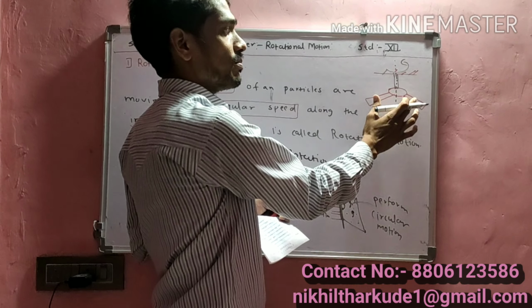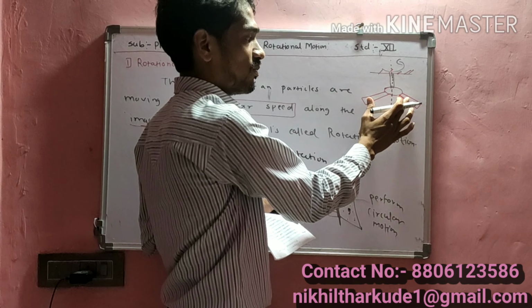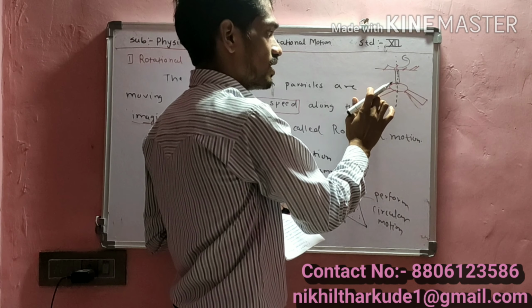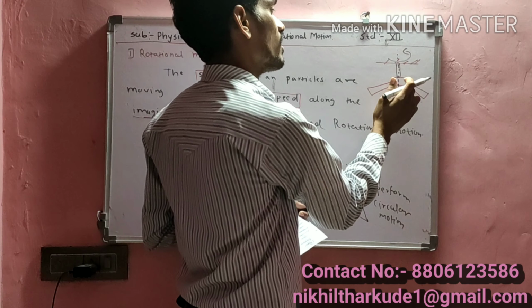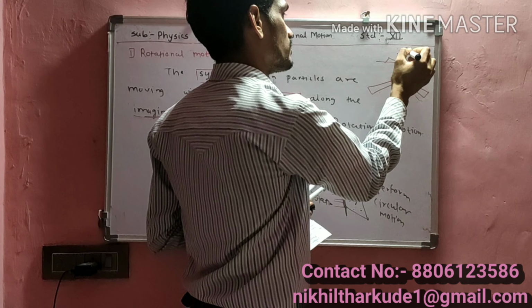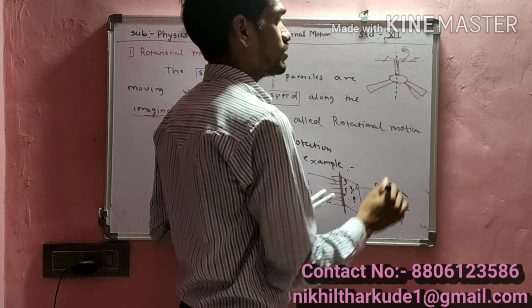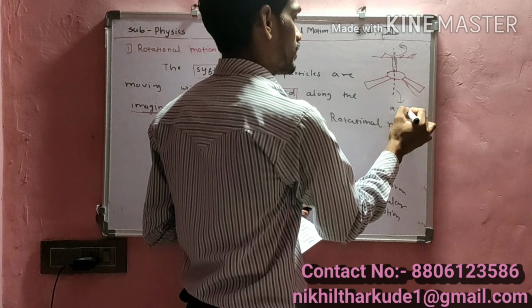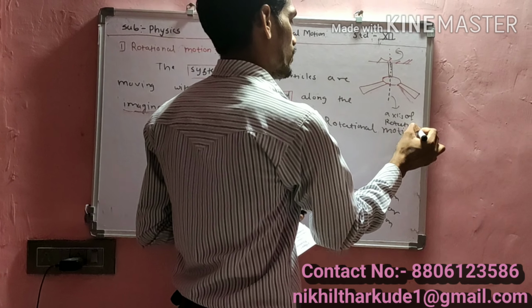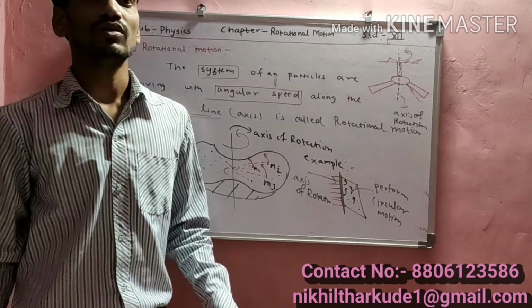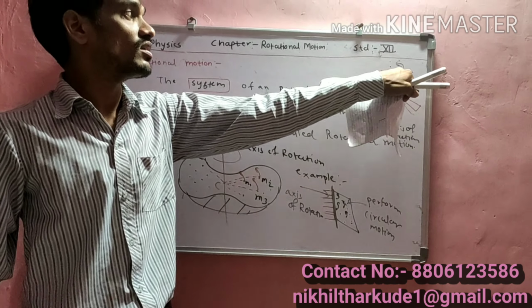The tips or blades of the fan are moving about the imaginary axis. Students, this is also an example. This is the axis of rotation for the fan.